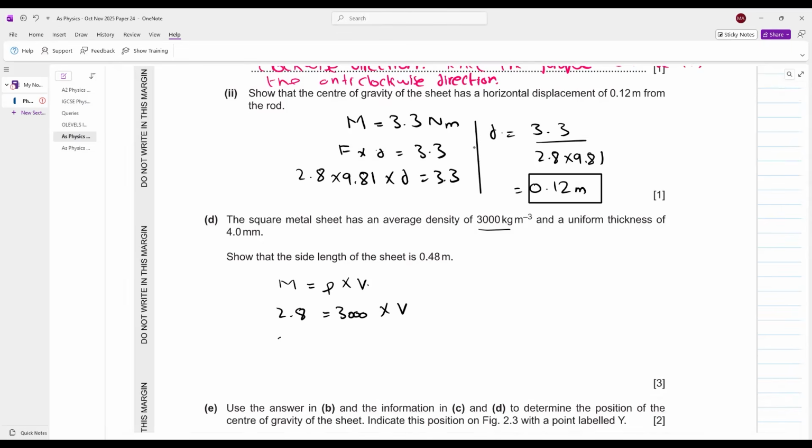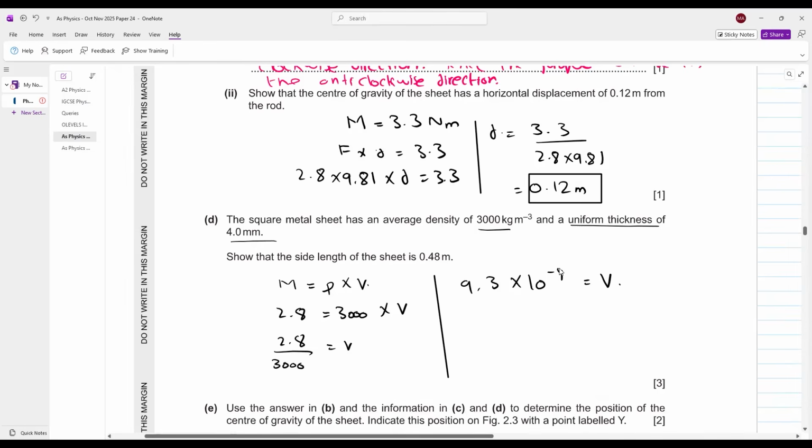Can you calculate the volume? 2.8 divided by 3000, बताओ वॉल्यूम किसके इक्वल आ जाएगा। हाँ जी, volume is equal to what, 9.3 into 10 to the power of minus 4 is equal to your volume. Now you have a thickness of what? 4 millimeter. You have to calculate the side length.